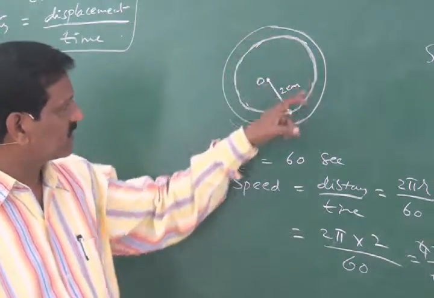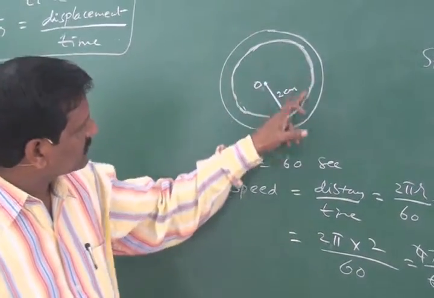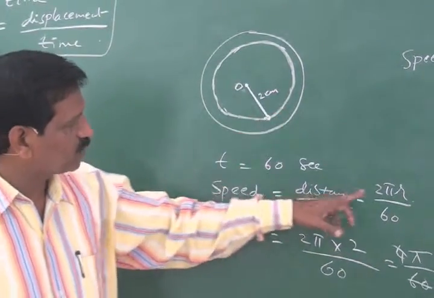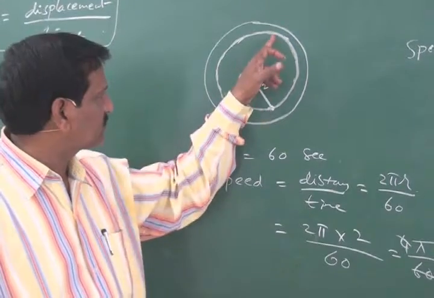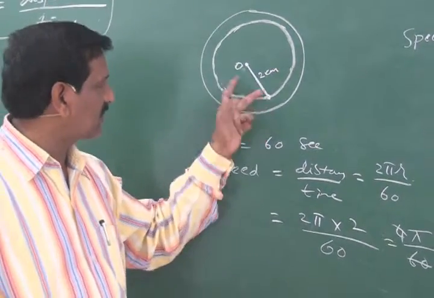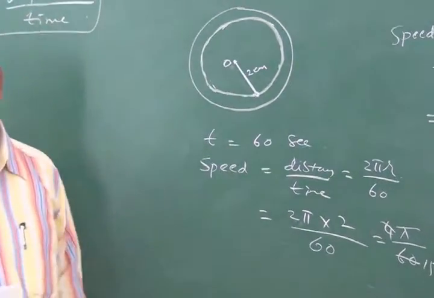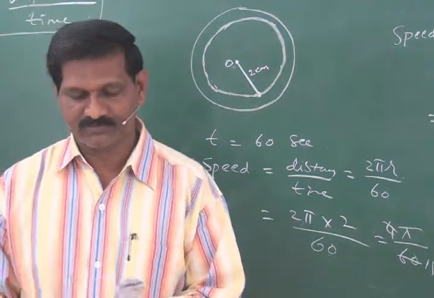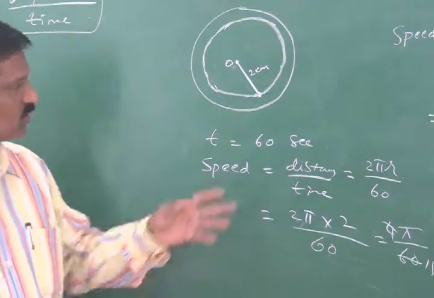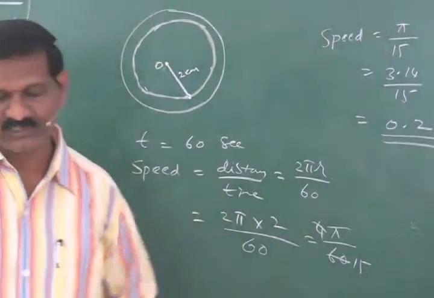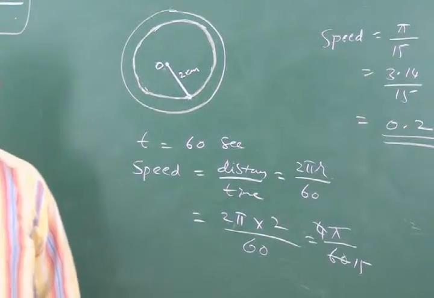When it completes one circle, the distance traveled is one perimeter, that is 2 pi r, where r is the radius, the length of this seconds hand, given as 2 centimeter. So 0.21 centimeter per second is the speed of the seconds hand.